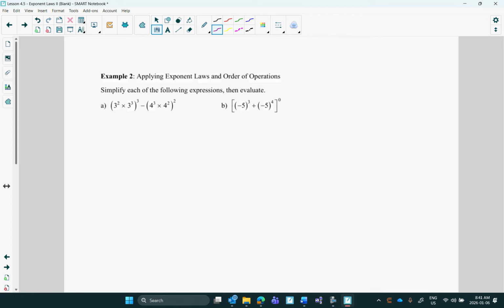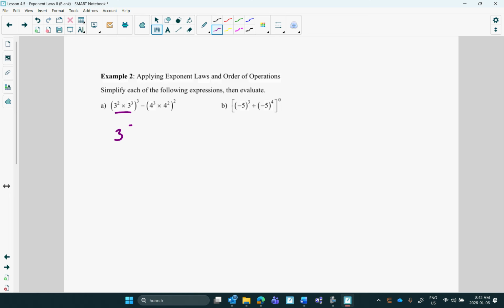So we don't want to start going, oh, this is 9, this is 27, and then start doing that. That's not what we're asked to do. Is there an easier way to write 3 squared times 3 to the third? What is it as a single power? 3 to the 5th, because I add exponents, right?